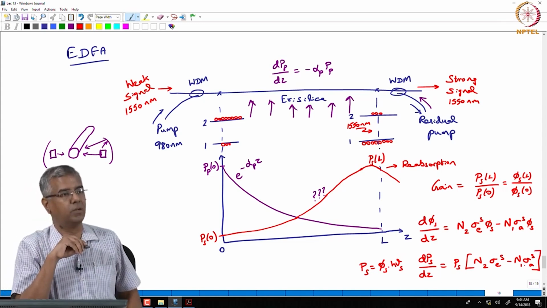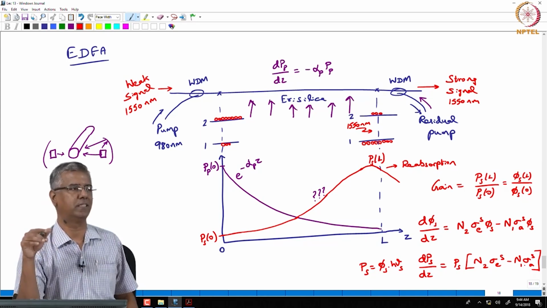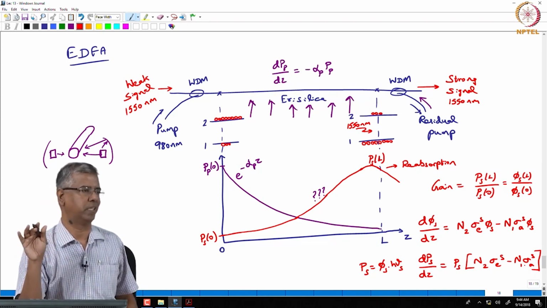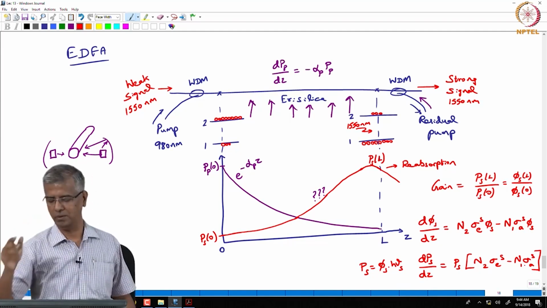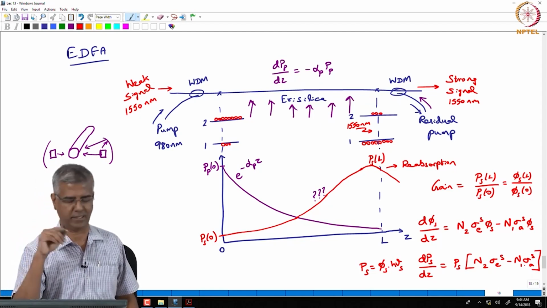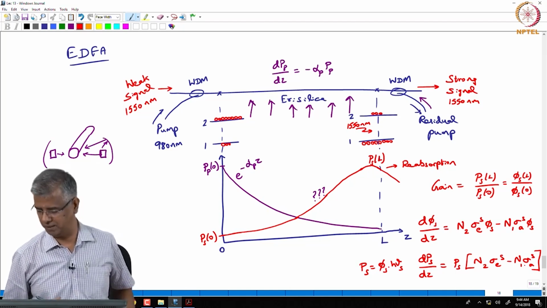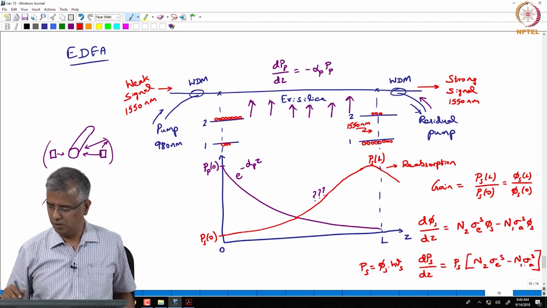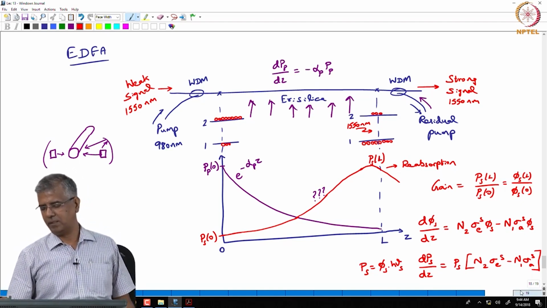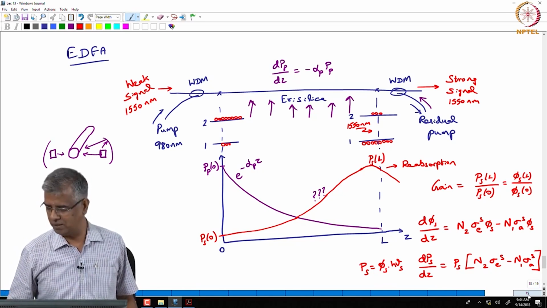So instead of writing in terms of photon flux, I am writing in terms of signal power Ps, substituting Ps for phi s. If we look at this, I can write the overall gain now based on this. I will go over to the next page for that.